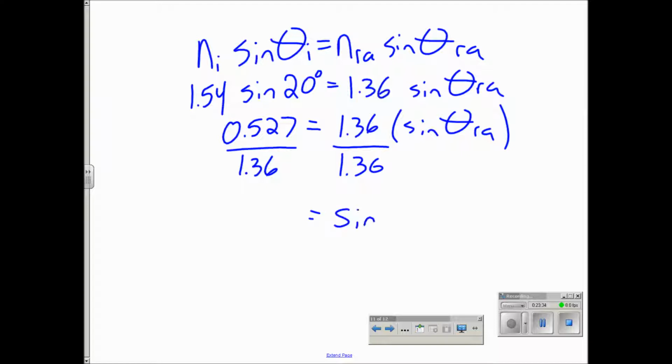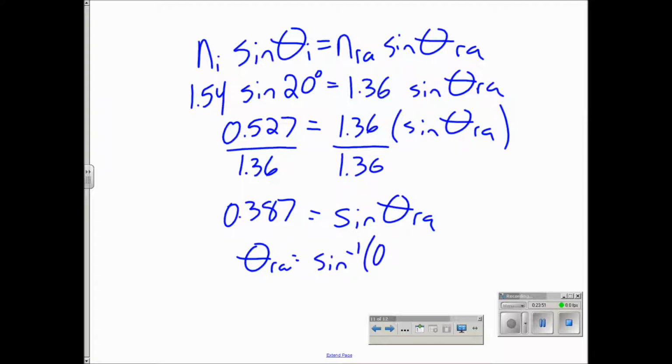Sorry, you get sine of your angle is 0.387. Take your inverse sine of that number, and you get 22.8 degrees.